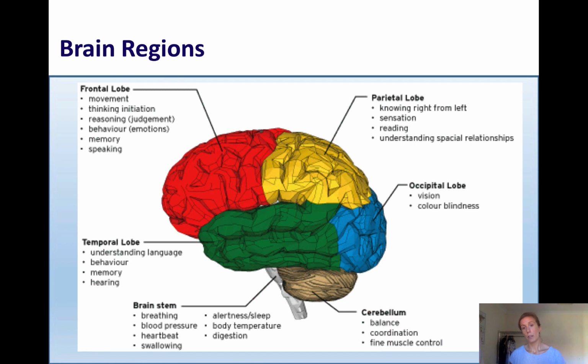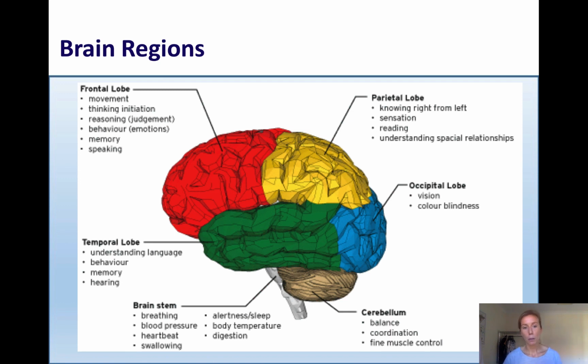So we know that the brain is separated into various lobes, okay, and each of those lobes are responsible for different functions, ultimately. So if we look at the frontal lobe, this has a lot of responsibility with our movement, thinking, initiation, reasoning, so things like making judgments, your behaviour and your emotions, and also memory and speaking. So if we get a stroke or a hemorrhage or a burst aneurysm in this area of the brain, these are the functions that we're most likely going to see deteriorate and have issues with post-stroke.